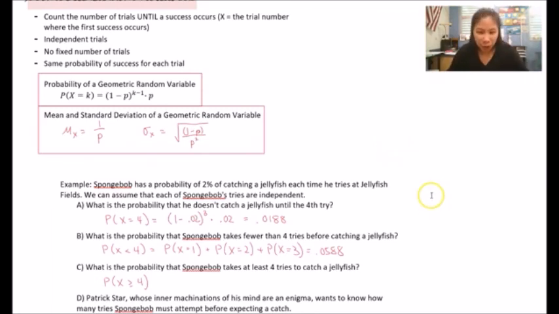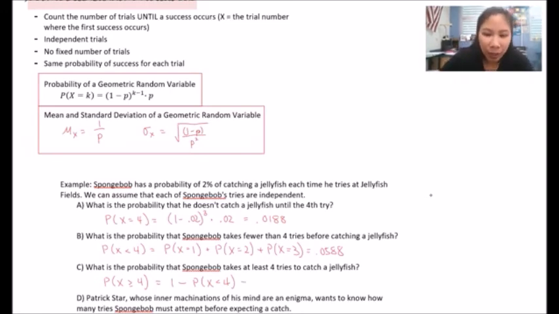So you can't actually just keep adding them together. What you would have to do is 1 minus the probability that x is less than 4. So what we want is 4 and above. So what we don't want is anything less than 4, like 3, 2, 1.